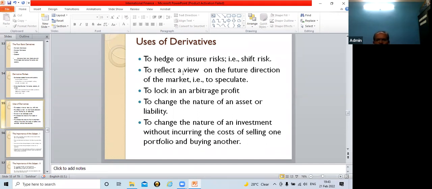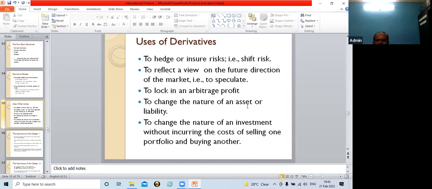Second one, to reflect a view on the future direction of the market, that is, to speculate. To reflect a view on the future direction of the market. To lock in an arbitrage profit. To change the nature of an asset or liability. So this is also a use of derivatives.